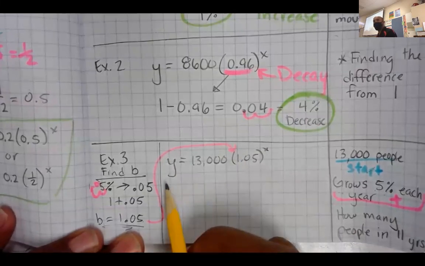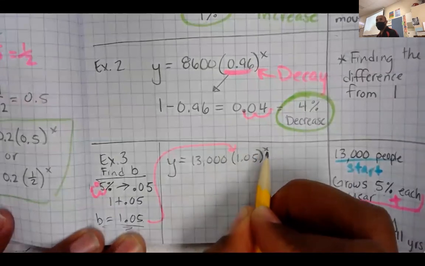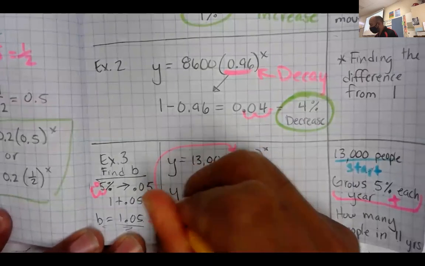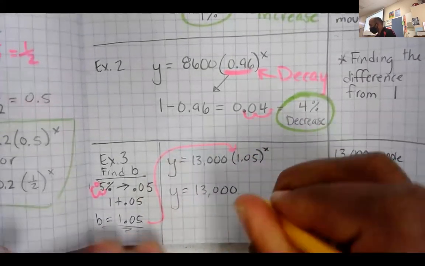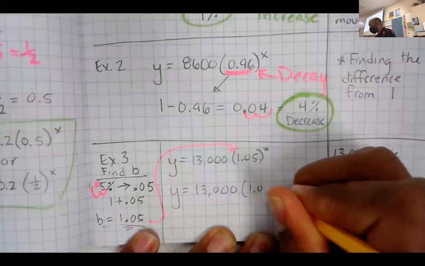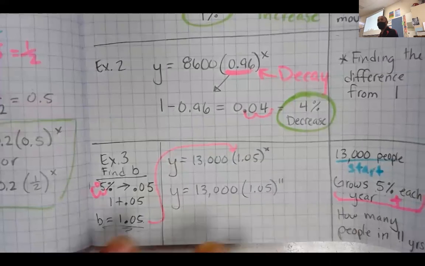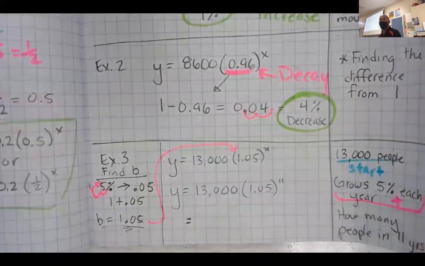All right, so now the last part is we're going to take that 11 and plug it into the x. So really what that is, our 11 is our x. And I just plug it in, 1.05 raised to the 11 now. And that's going to give us how many people, it's going to predict how many people will be there in 11 years for this town.